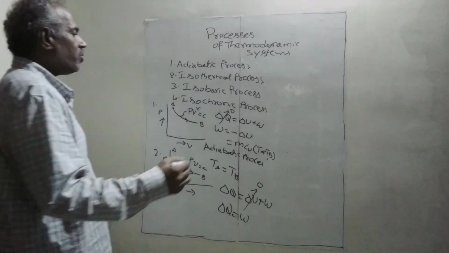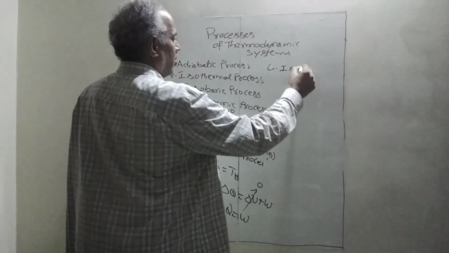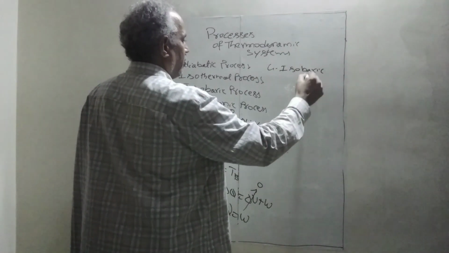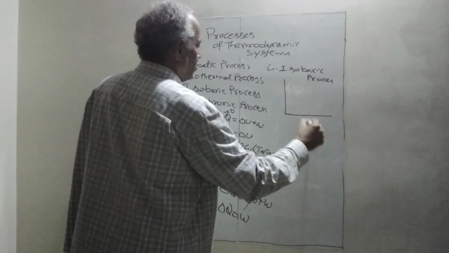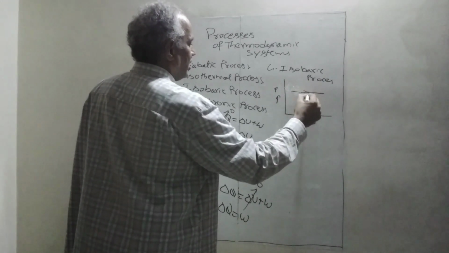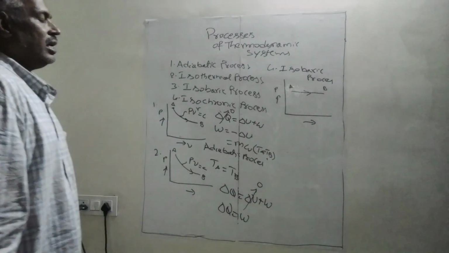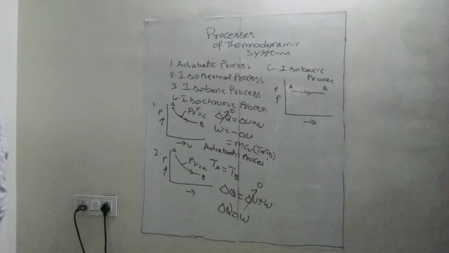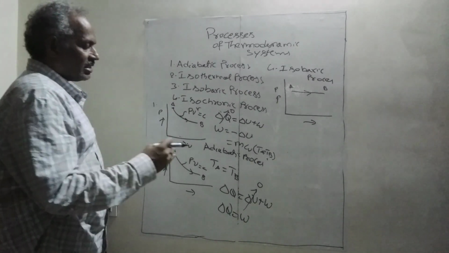The third one is isobaric process. In this case, if you draw the PV diagram, a horizontal line represents the change of state A to B. This is isobaric process. In this isobaric process, the three are acting simultaneously.